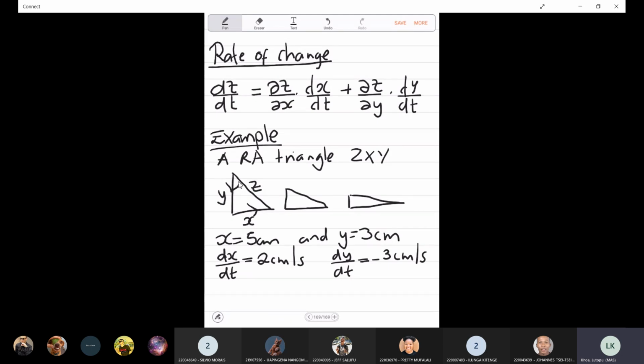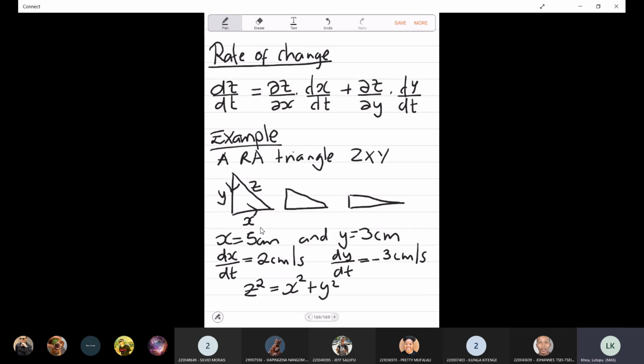Now this is a right-angled triangle, and we know that in a right-angled triangle, z squared is equal to x squared plus y squared. So this is the equation that relates all these three variables. Okay, and then what are we asked to find?